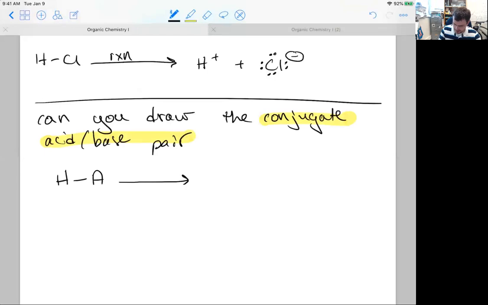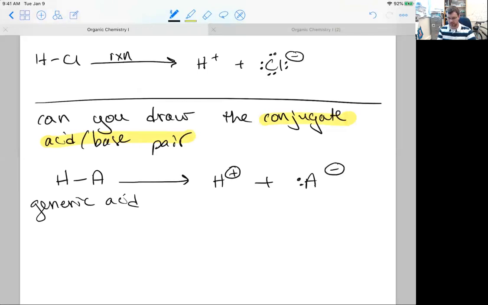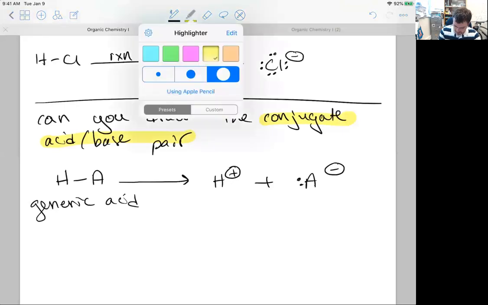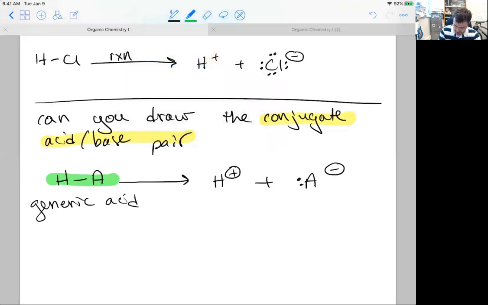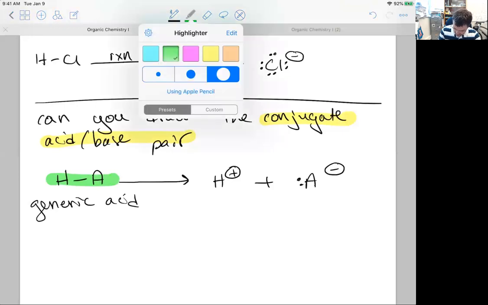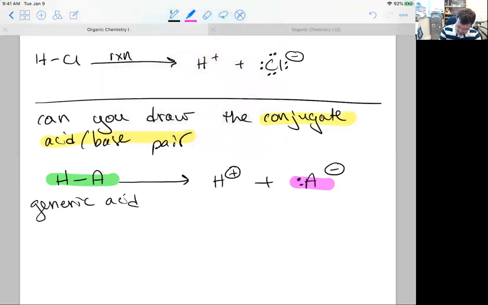Here is our generic acid. It's reacting like an acid, in that it's giving H+, and just to balance the equation, we have to leave behind A- with a lone pair of electrons. Now, some key terms here that I alluded to are we've got HA and we've got A-.